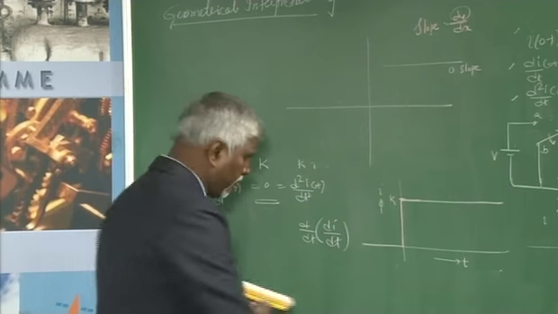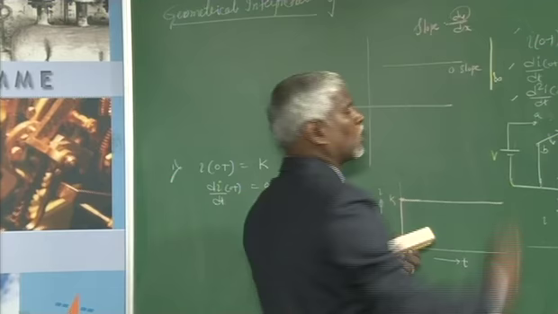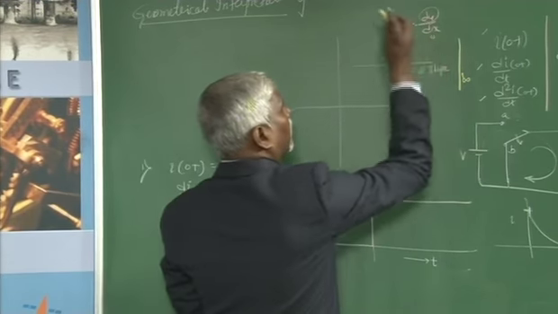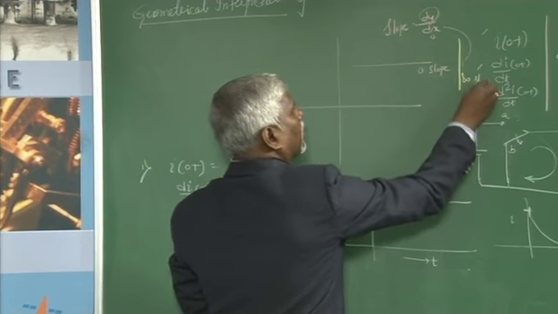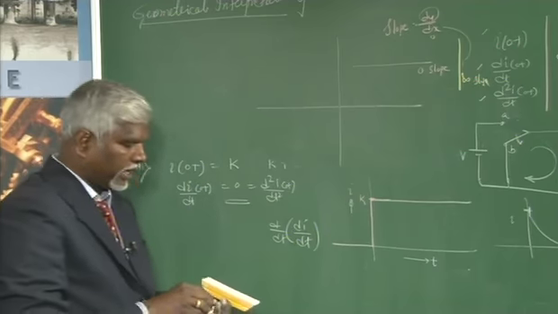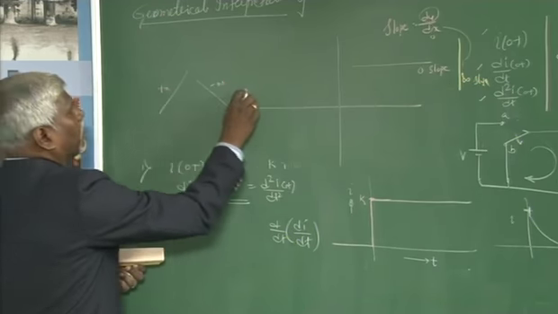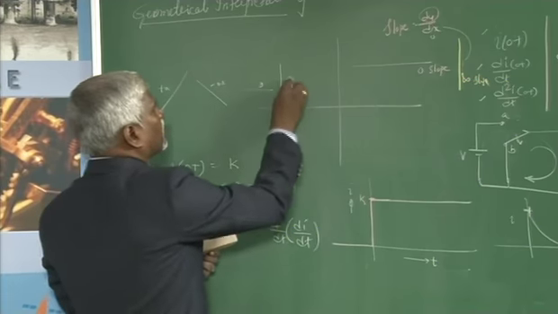Similarly, this is said to be an infinite slope, slope is infinity, because your dx is 0. So, it is very easy to understand: positive, negative, 0, infinity, right. This is your 0 slope, this is an infinite slope.